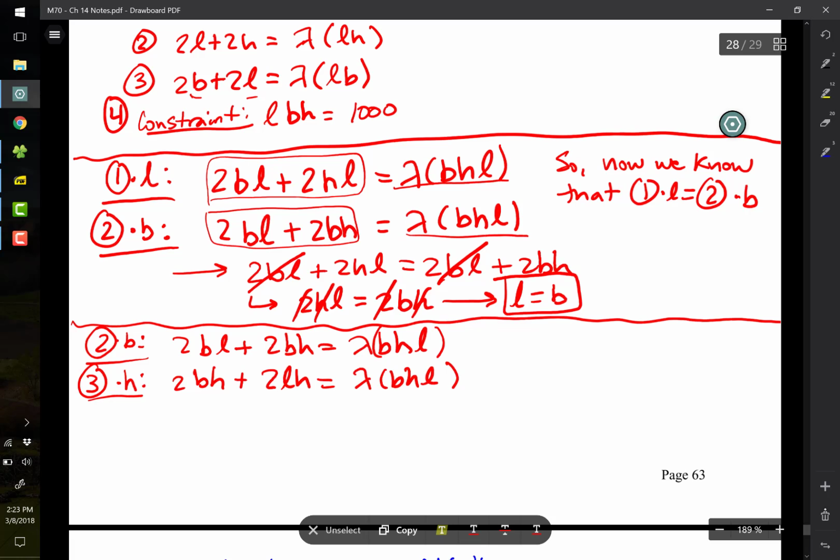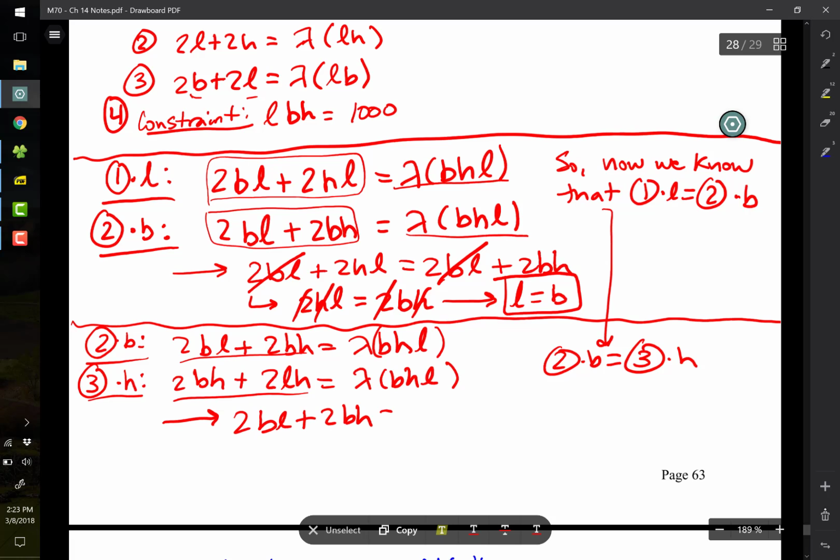Okay, and then by the same thing, we now know that equation 2 times B is equal to equation 3 times H. So we can set the left sides equal to each other. And so we get 2BL plus 2BH has to be equal to 2BH plus 2LH.